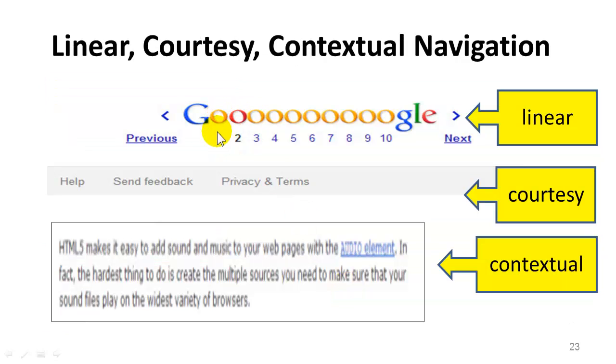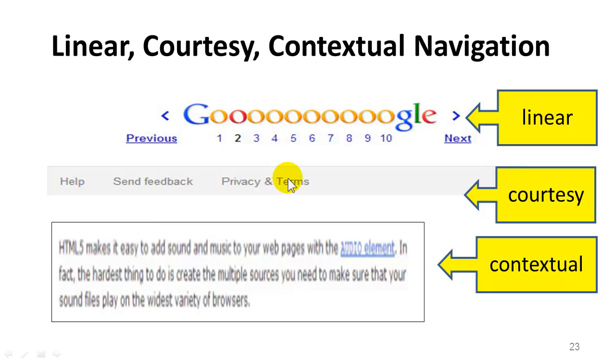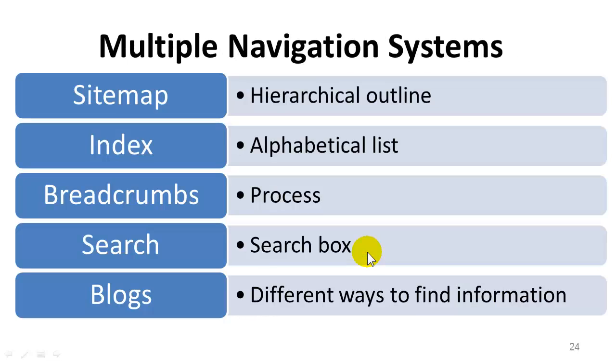So here we see a Google search results page, an example of our linear type navigation, the next, the next, the next, previous. Here at the bottom, some courtesy links, and here we have a contextual link. There are many types of navigation systems, and most of the time you use a lot of them in combination together.